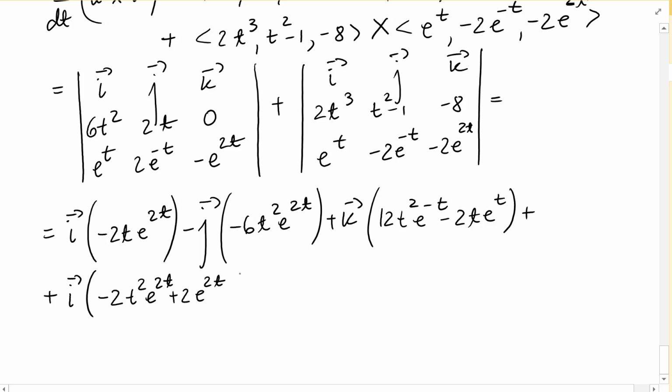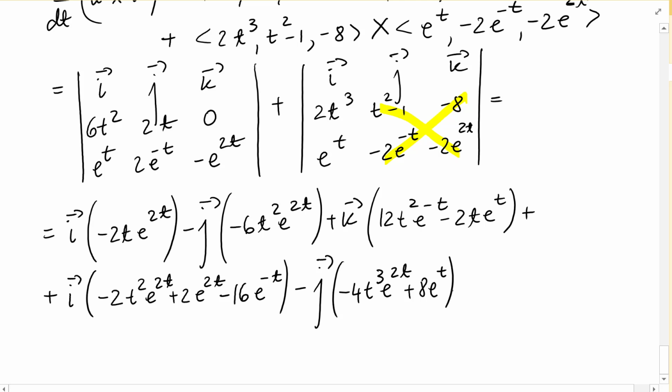This was by calculating these two. So I did these two. And then is minus 16e to negative t, minus j, and then we cross out the row and column, then we end up with negative 4t to the third e to 2t, plus 8e to t, and then plus k, and negative 4t cubed e to negative t, minus t squared e to t, plus e to t.